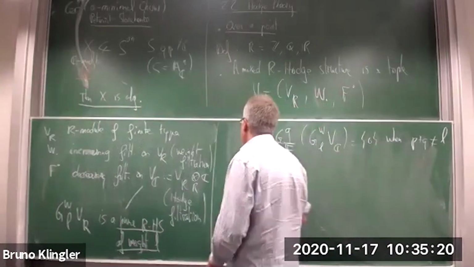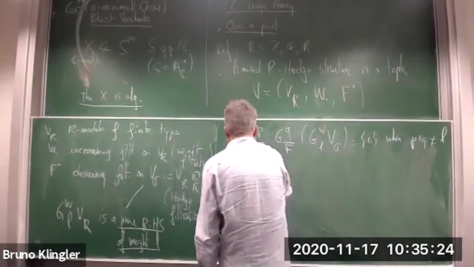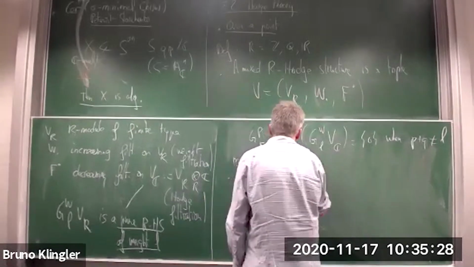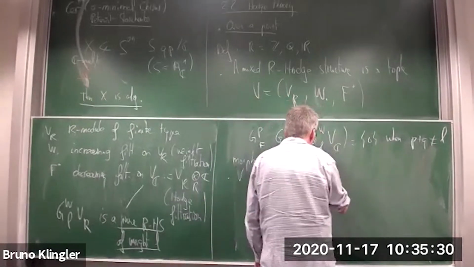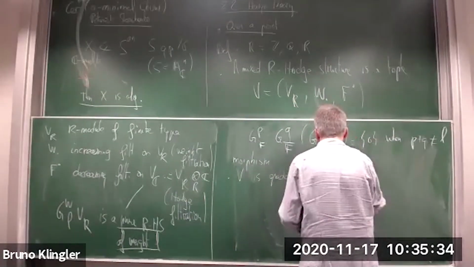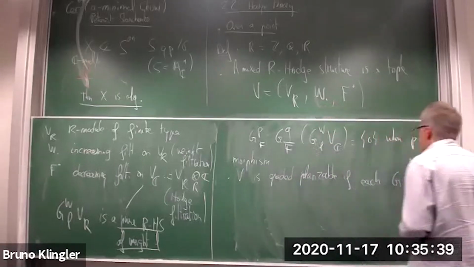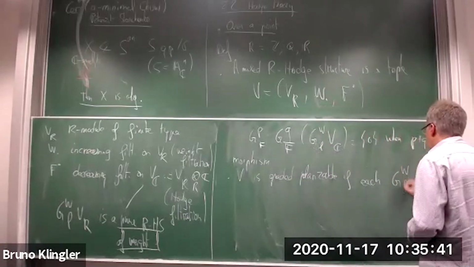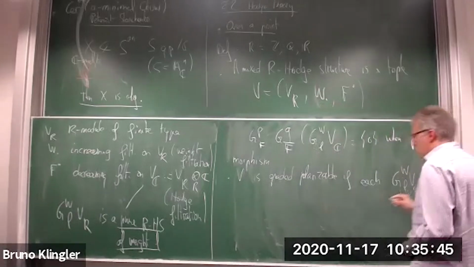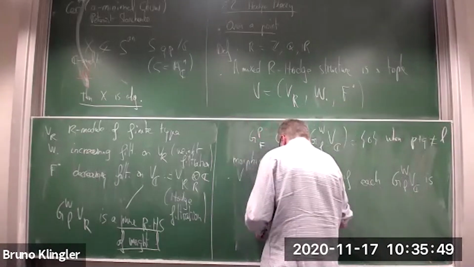And there is an important notion, which is the notion of polarization. So we'll say that V is graded polarized, or polarizable, if each of the pure Hodge structures associated to them, so those guys here, is polarizable. So this means that there exists a polarization form. What is this?